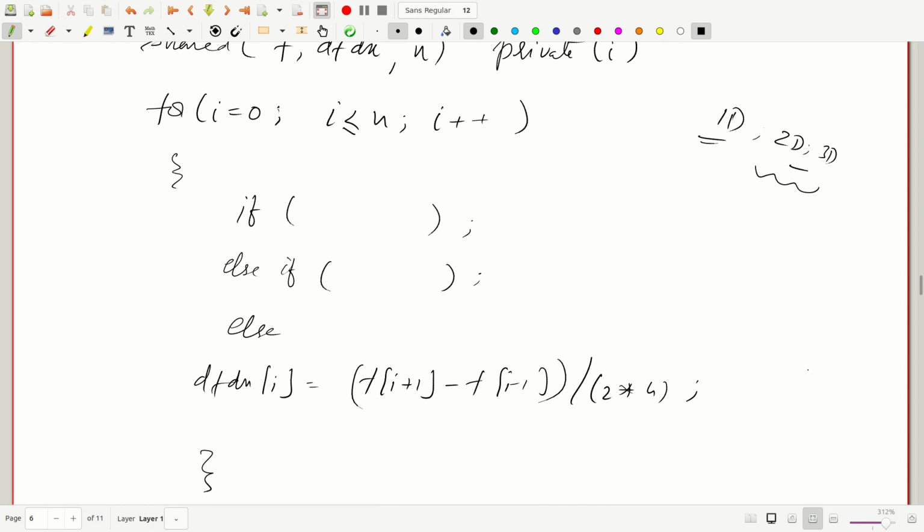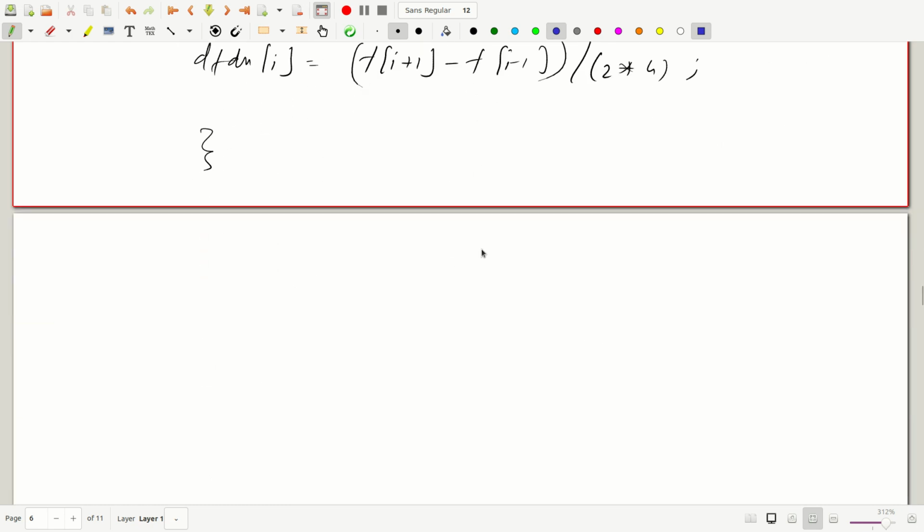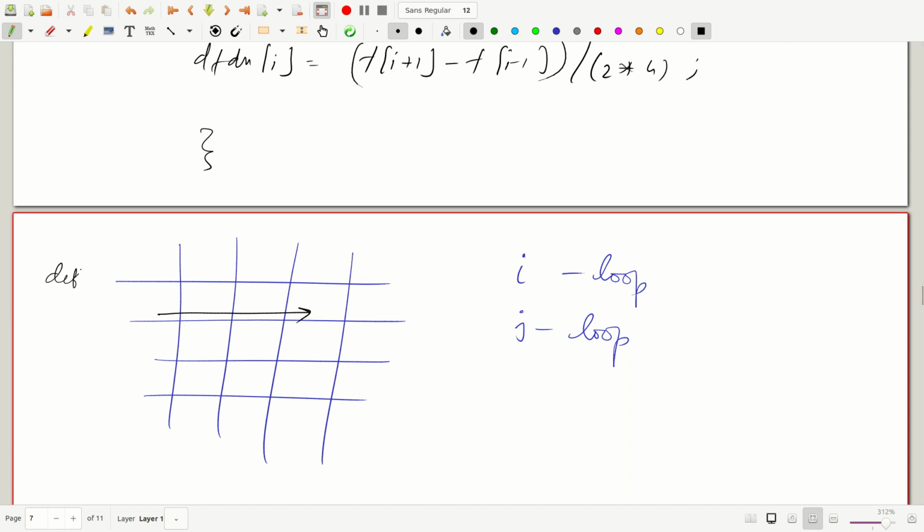So what we mean by 2D and 3D is basically you have a grid. Let me draw it here. So basically we have a grid, and then we have to calculate the derivatives. That means we have an i loop as well as a j loop, right? Then when we are calculating derivatives in one particular direction, we actually don't need to, we could actually do it for different j, that is also possible.